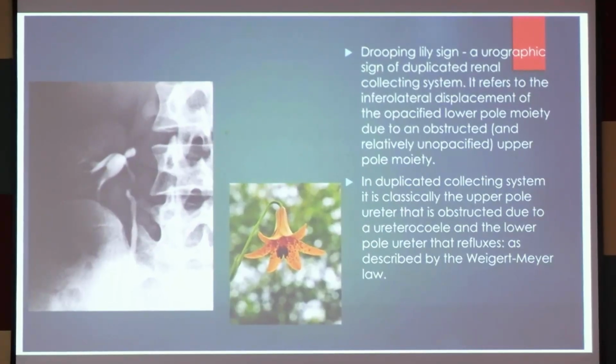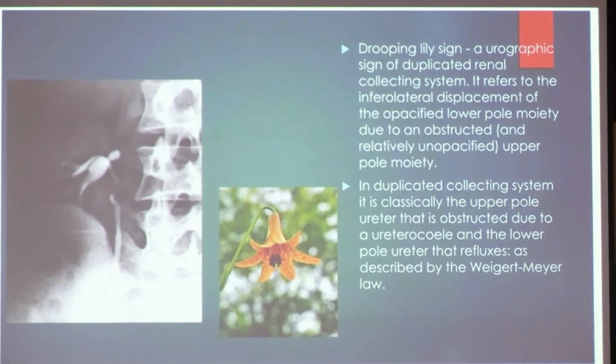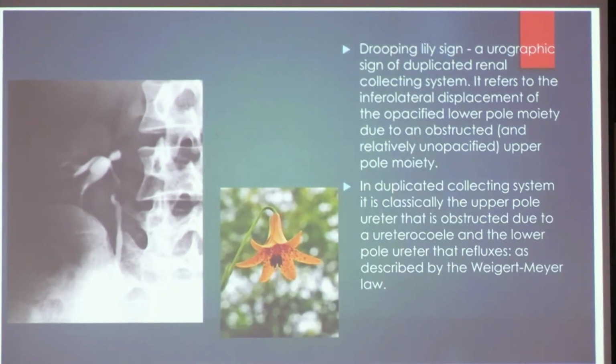Okay, now this is an important film that comes across, something which is known as the drooping lily sign. So where do we find a drooping lily sign? Again in a patient who is having a very enlarged non-functioning upper moiety. So what has actually happened in the drooping lily sign?